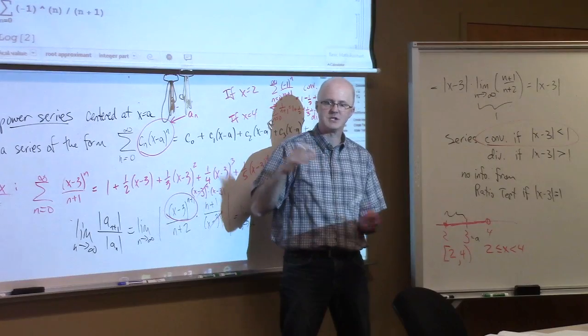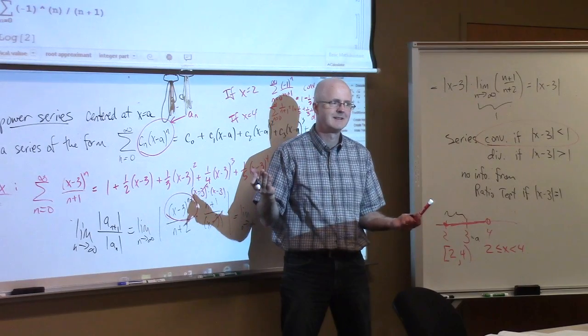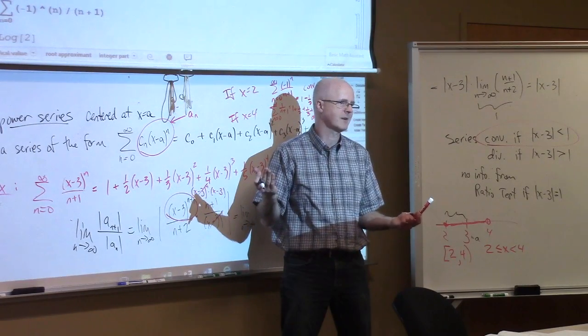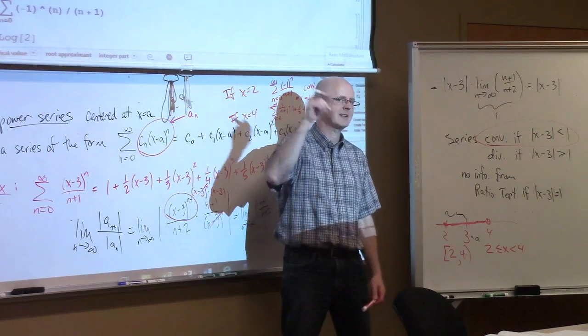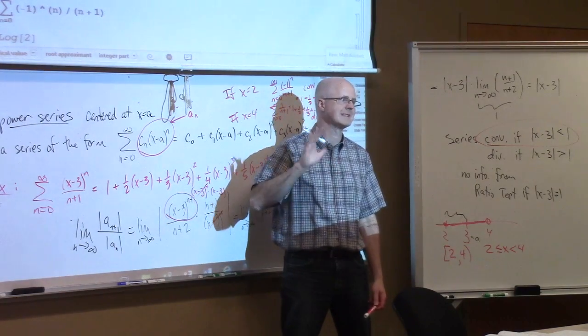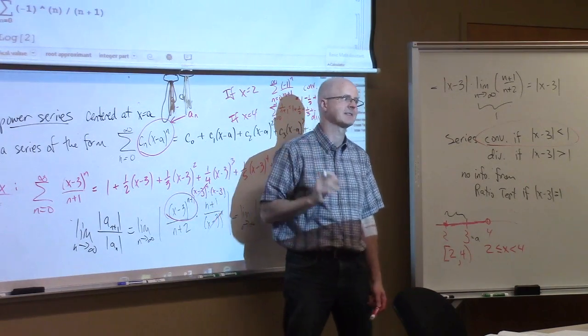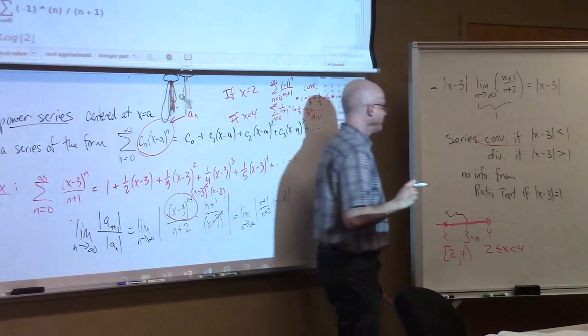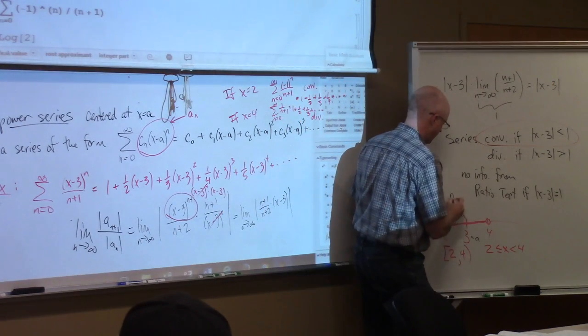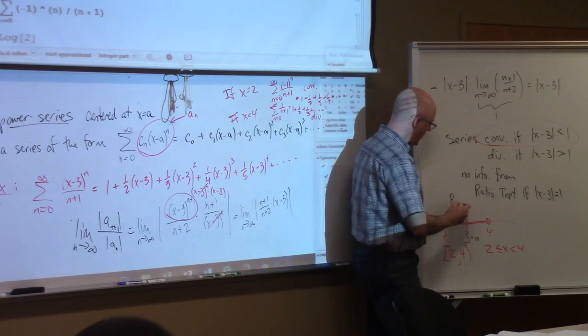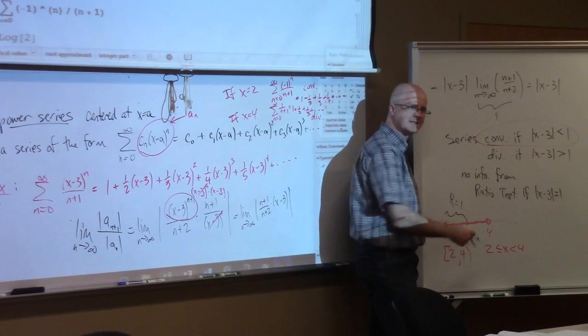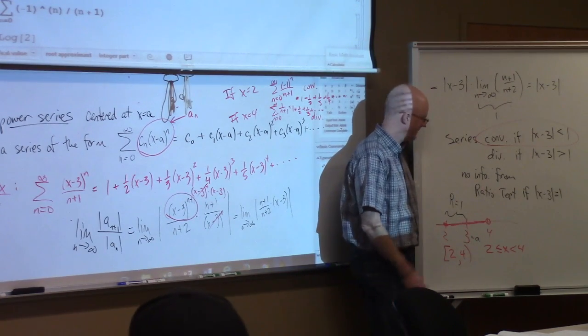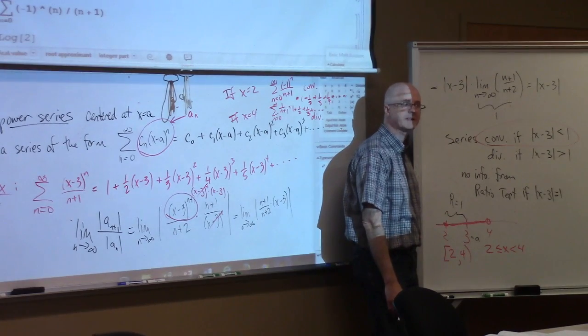Whether you include the edge as part of the circle or not, I should really say part of the disk or not. Circle technically only refers to the curve, whereas a disk refers to the inside of the circle. It's got a radius, distance from the center to the edge. That radius is 1. It's called the radius of convergence.